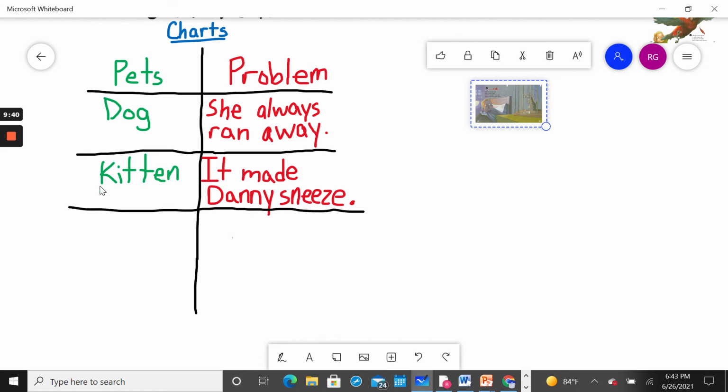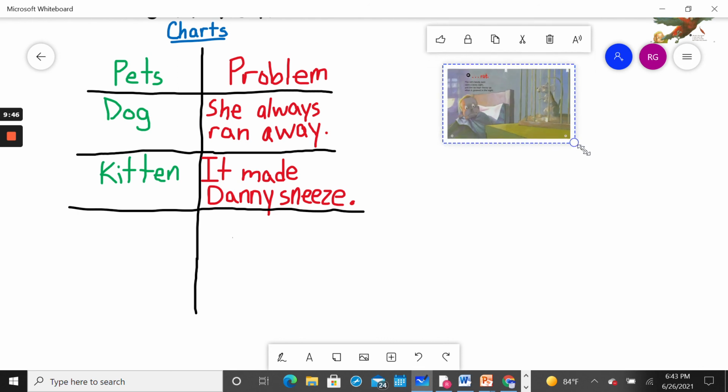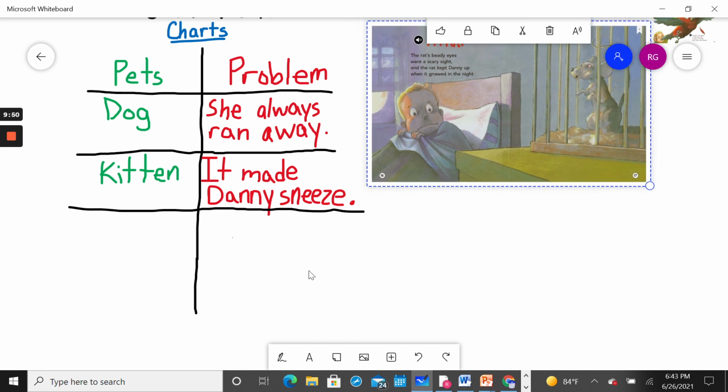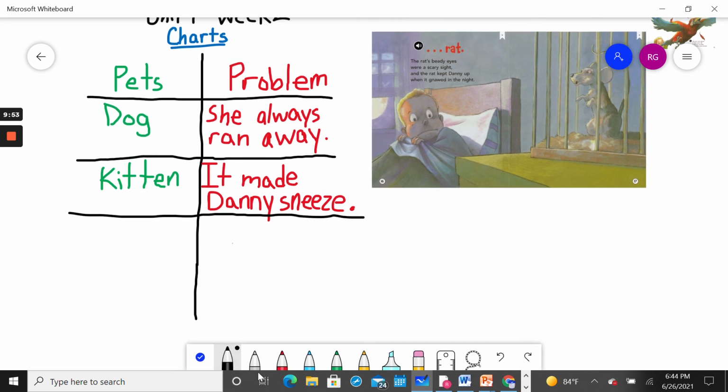Then he was given a pet kitten, and his problem was it made Danny sneeze. And then he was given a pet rat. So with your teacher, look at pages 16 and 17 and reread and figure out what was Danny's problem with the rat.